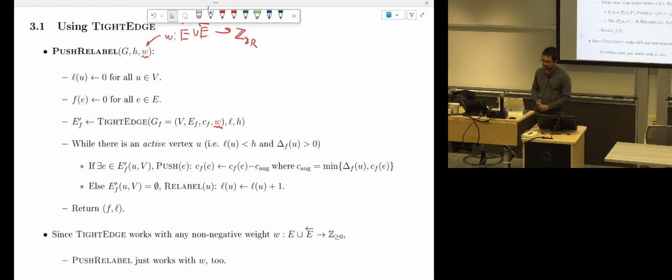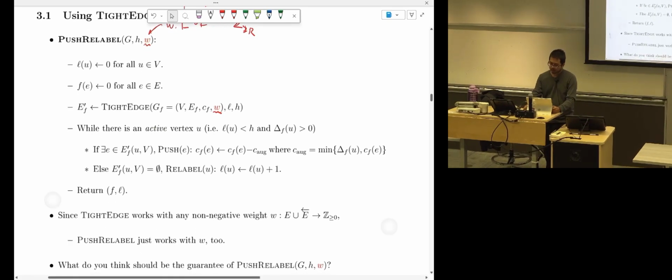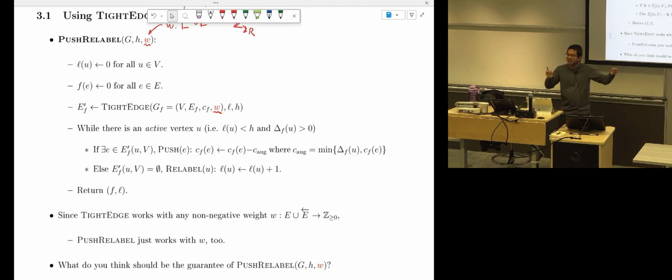Okay. So what do you think? When the weights are all 1, what we say is that at the end, the number of hops from excess to sink is at least h.